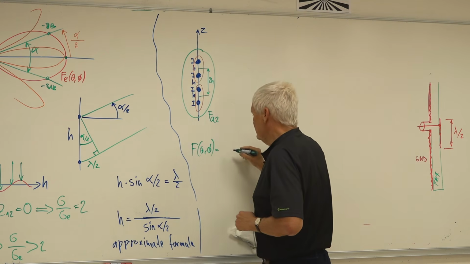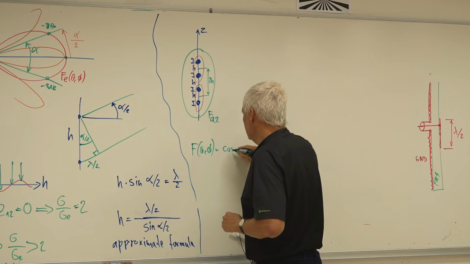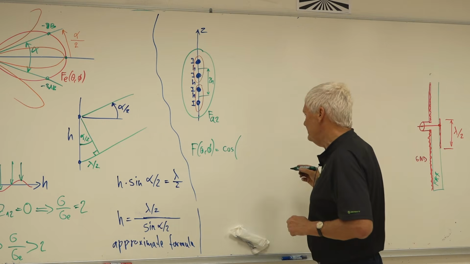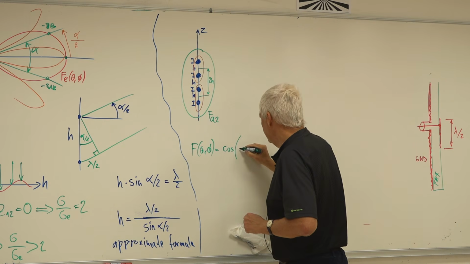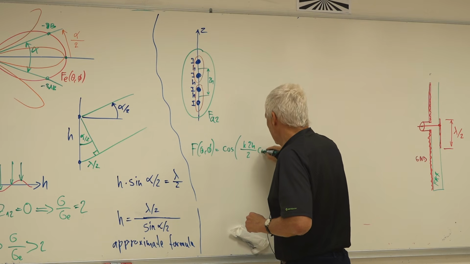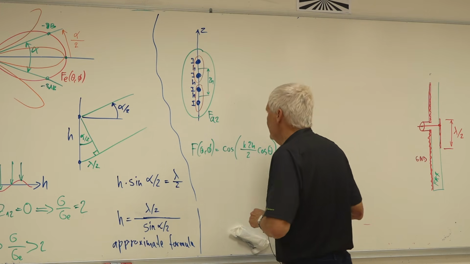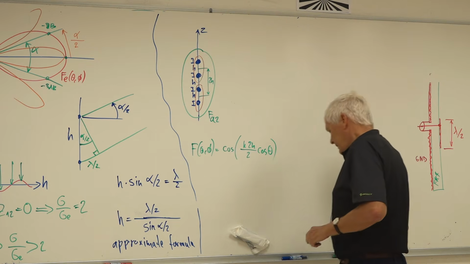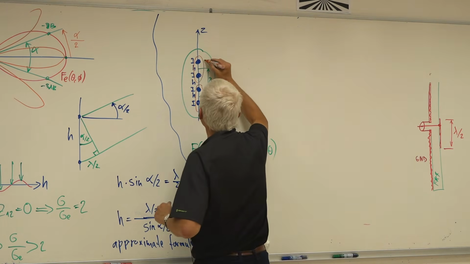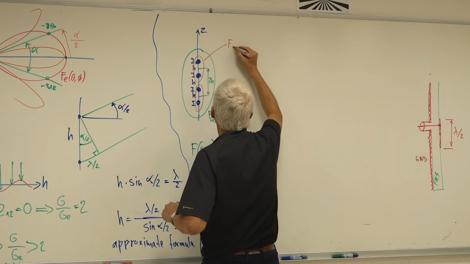So at a spacing of 2h, I can write it down. This is cosine of, it's a broadside array, so phi is 0, k 2h half cosine theta. This is FA2. And then is the array of 2 closely spaced, F array 1.